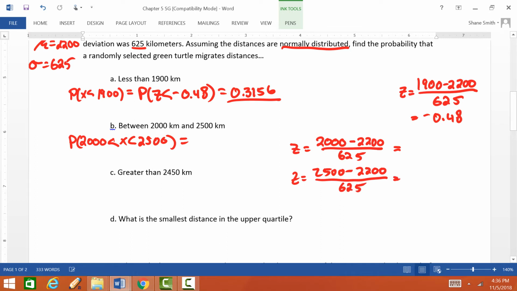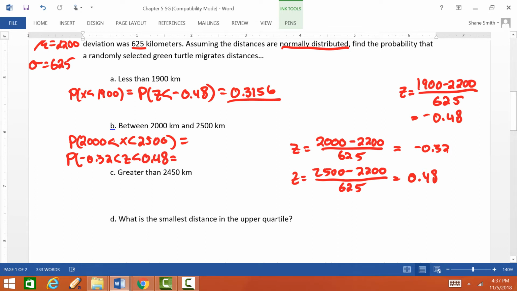The z-score for 2,000 is negative 0.32. The z-score for 2,500 is 0.48. So we want the probability that z is between negative 0.32 and 0.48.